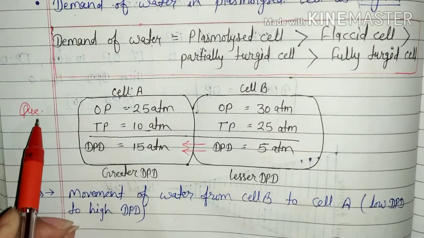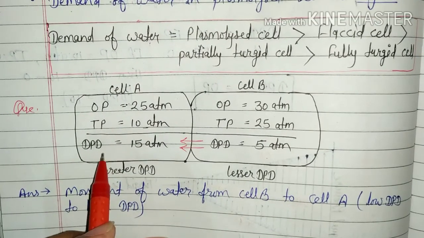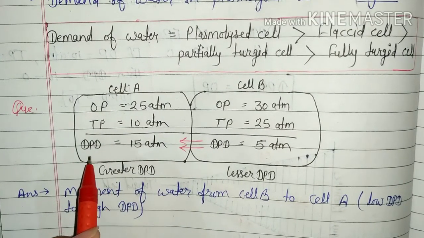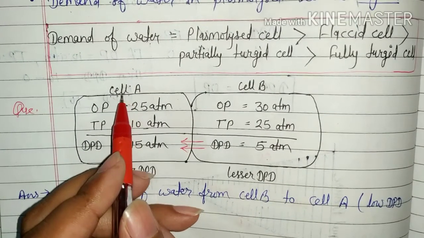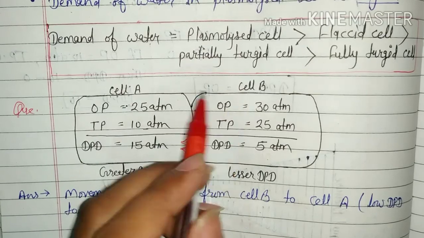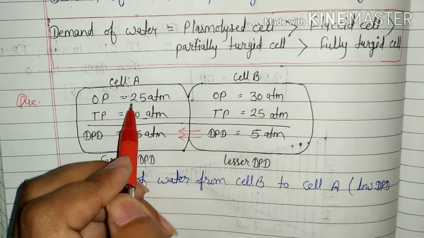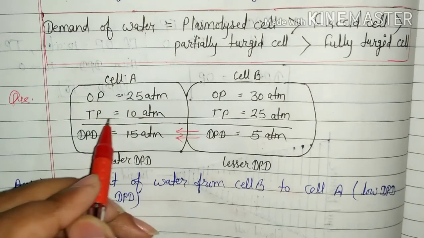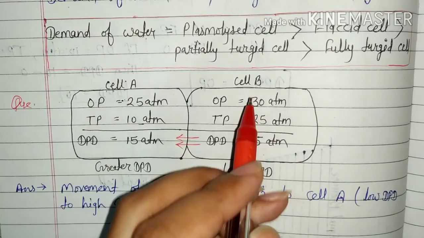Let's take a question on the basis of DPD. There are two cells, cell A and cell B. Osmotic pressure of cell A is 25 atmosphere and turgor pressure of cell A is 10 atmosphere.